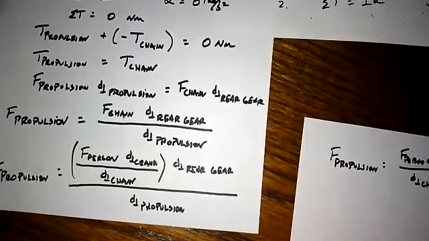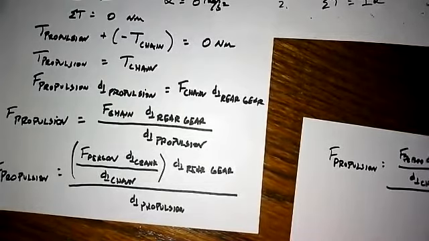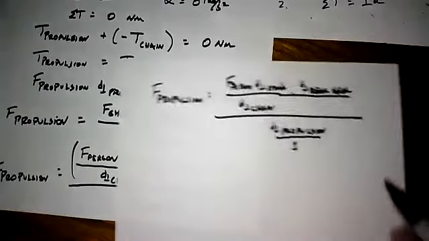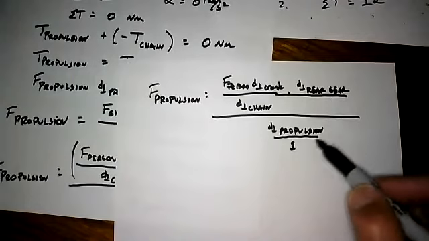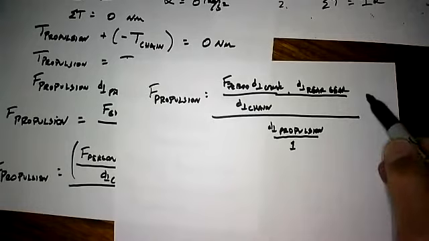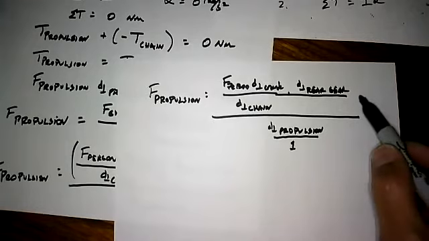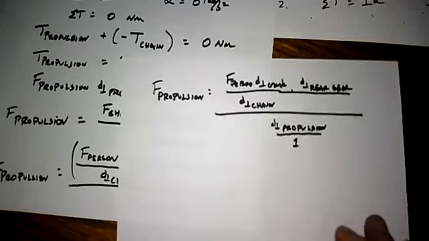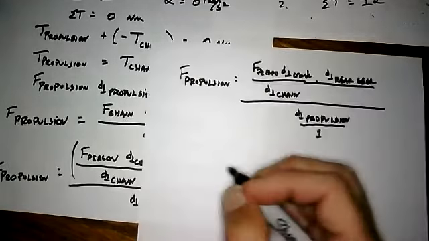That's all in the numerator over D perpendicular propulsion, the wheel size. And I'm just going to make that a fraction by putting the number 1 in the denominator. So now I'm going to multiply the numerator times the inverse of the denominator. So you'll see if I flip this over, that'll be 1 over propulsion. So the propulsion will end up in the denominator up here. Okay, so now let me rewrite it.